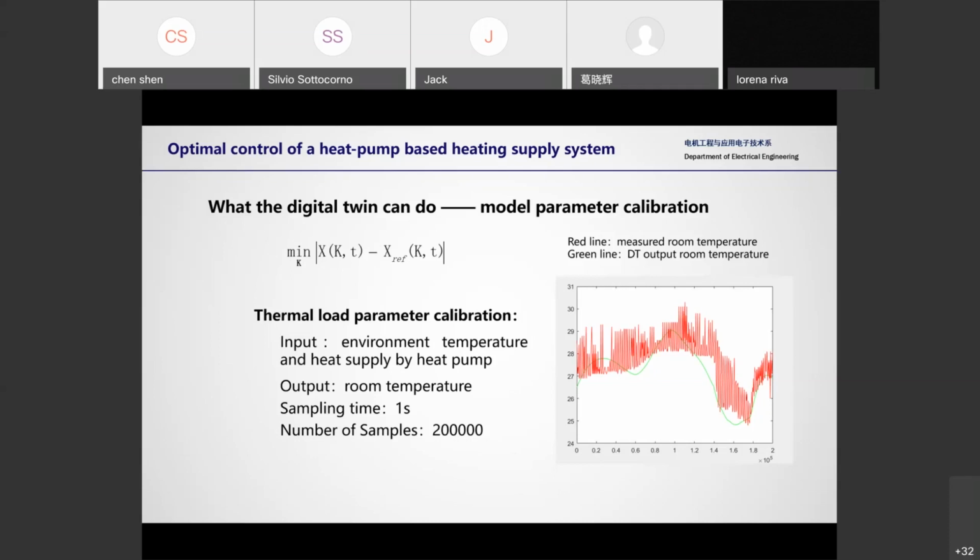Then we can get a relatively good system model, and we can use that model to predict the room temperature change subject to environment temperature change and heat pump usage.